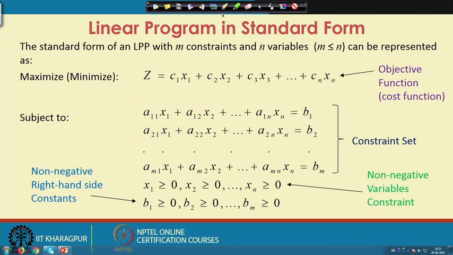And a 1 1, a 1 2, up to a m n, all these things are coefficients.